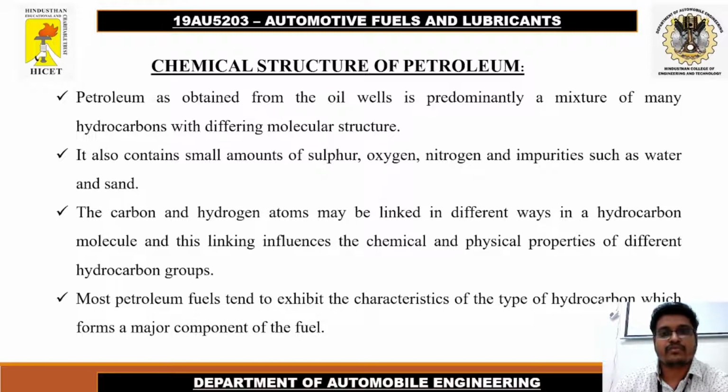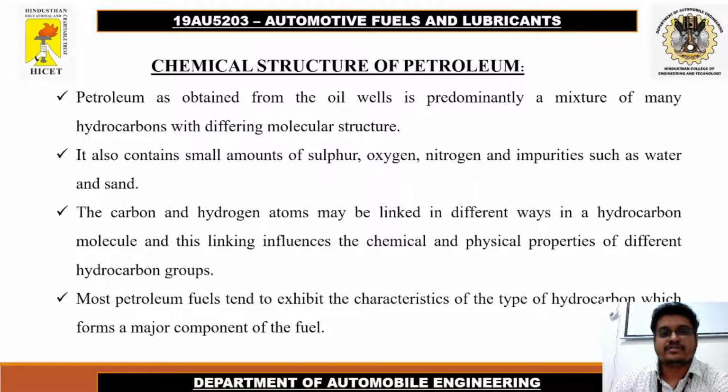Since it is made up of organic components, it will have hydrocarbons. The petroleum as obtained from the oil well is predominantly a mixture of many hydrocarbons with different molecular structures.